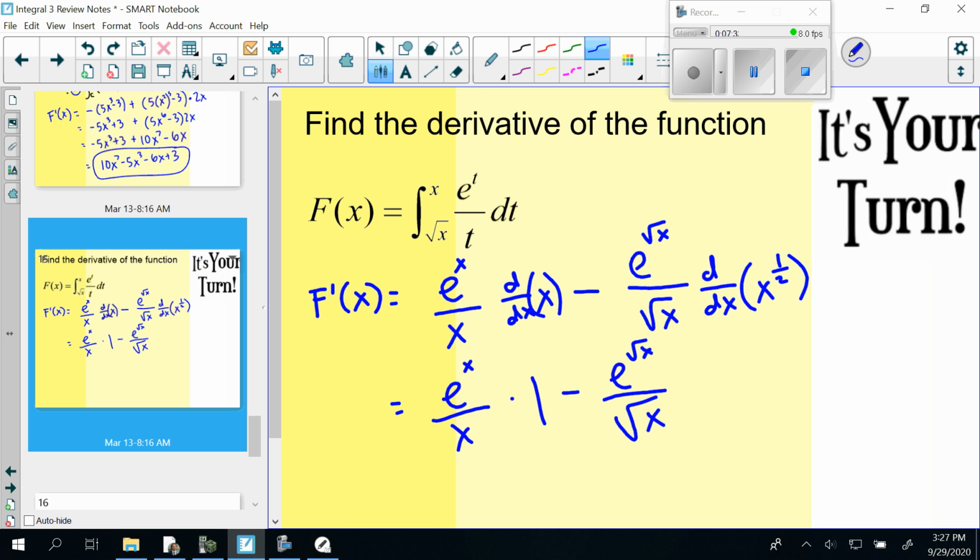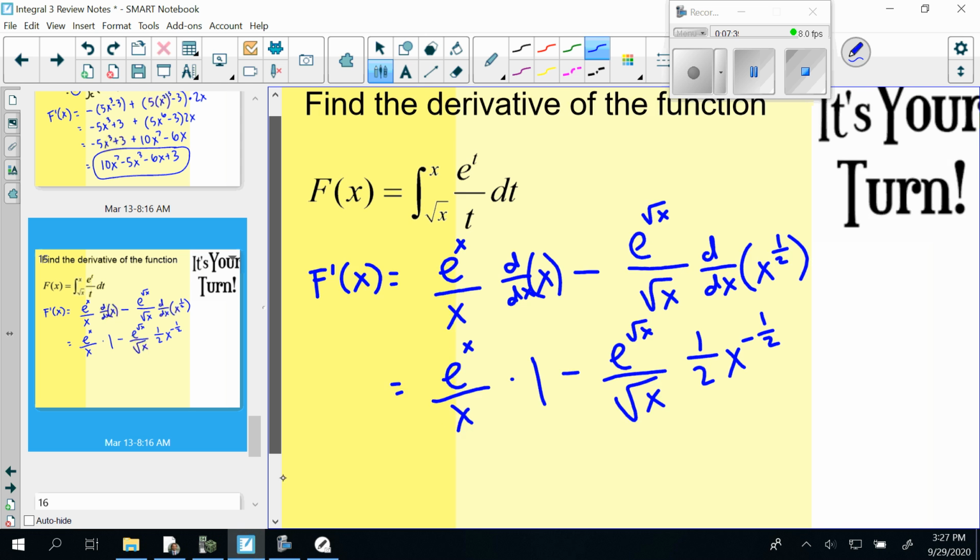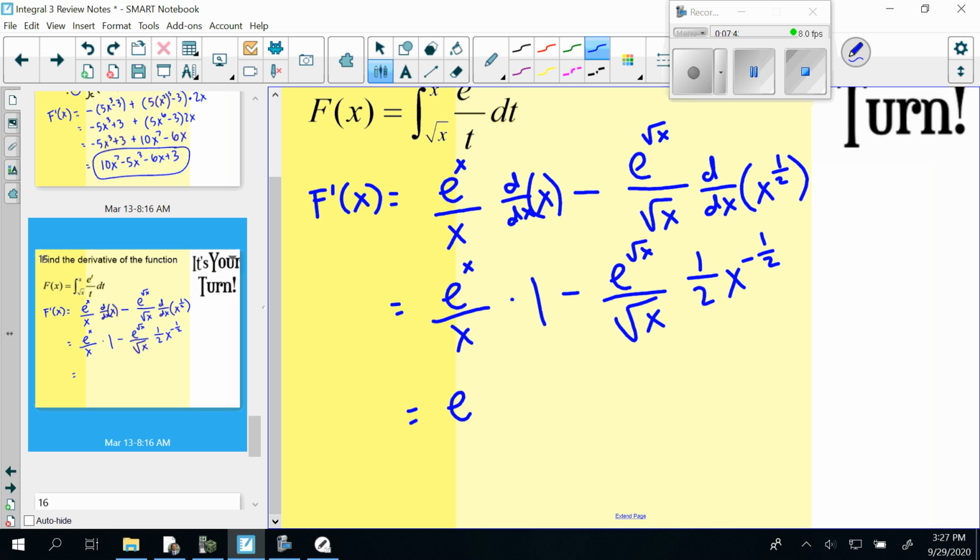Derivative of x to the 1/2 would be 1/2 x to the negative 1/2. If we're simplifying this now, that's just e to the x over x. This, if we have these two fractions being multiplied here, we're also going to have this 2 on the bottom from the 1/2.